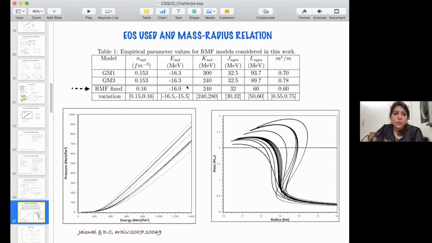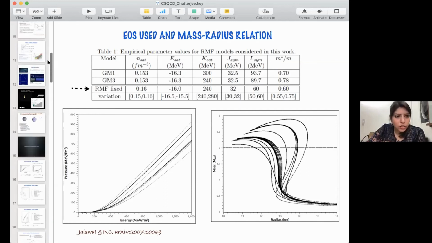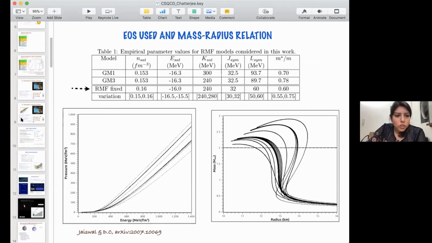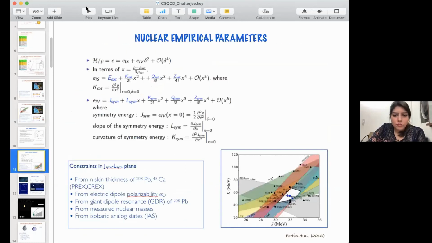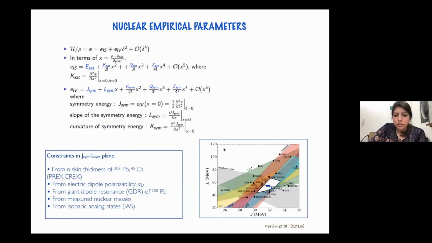But I think you missed the motivation of this talk, which is that every time you choose certain equations of state, you satisfy some properties and you don't satisfy certain others, and they vary if you actually calculate the correlations.